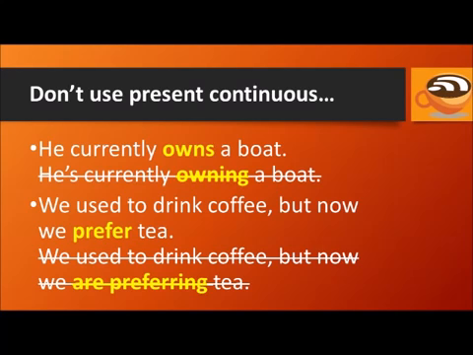Don't say, he's currently owning a boat. We used to drink coffee, but now we prefer tea. Don't say, we used to drink coffee, but now we are preferring tea. You can see that even though we're using signal words that normally go with the present continuous, like currently and now, we use the simple present.